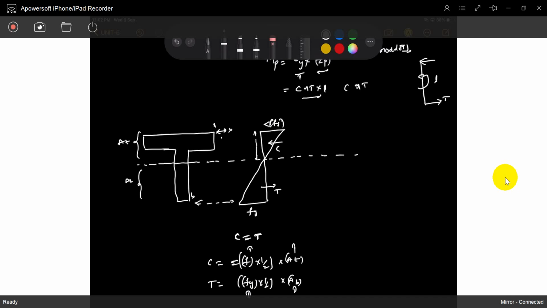But in plastic analysis, first it reaches the maximum Fy here, as you already know. Later the next part also reaches Fy.